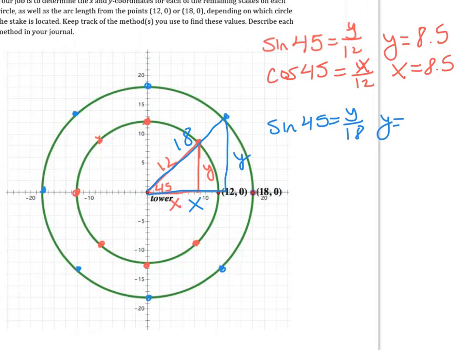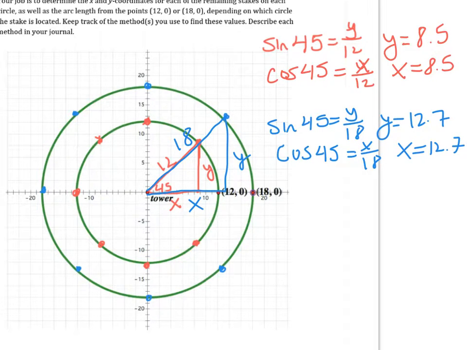And when you solved for y, you got 12.7. And cosine of 45 is x over 18, and you would get x is 12.7. So if we label those coordinates, this point is at (12.7, 12.7). And the inner circle one is at (8.5, 8.5).